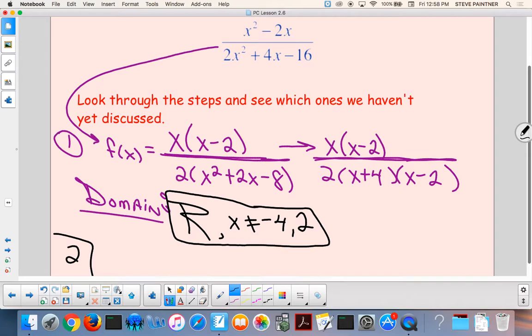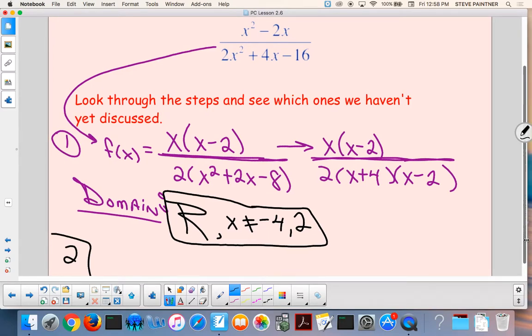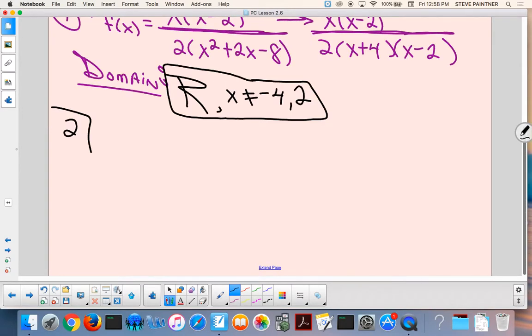Okay. Simplify the fraction by eliminating common factors, and then make a note off to the side what you cancel out. Okay. All right, here we go. Okay, so you canceled what out, guys? X minus 2 with x minus 2.